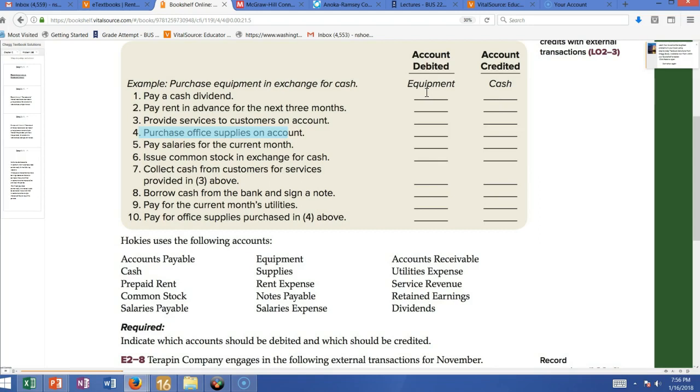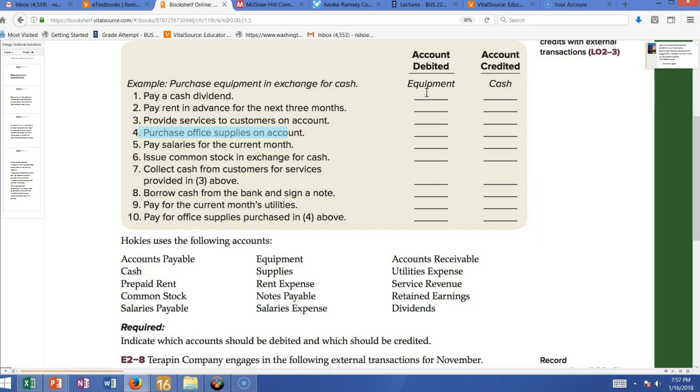Number two, take some time just to think what accounts are being affected. Cash. Who is saying prepaid rent? The reason I know it's prepaid rent is that it says pay rent in advance. If it said paid rent for the current month, it's a rent expense.